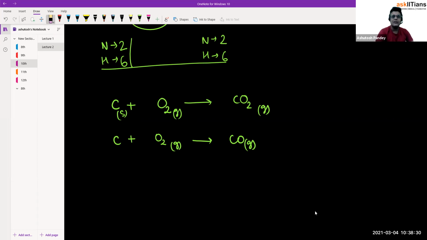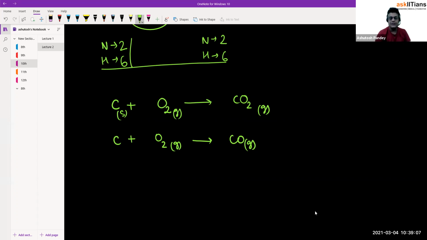One way of doing it, what people do, is take only one O atom. No, we cannot take one O atom. Why? Because here we are going to write the substances in molecular form. Oxygen exists as O2, so we have to write it as O2, because molecules are going to take part in the chemical reaction.